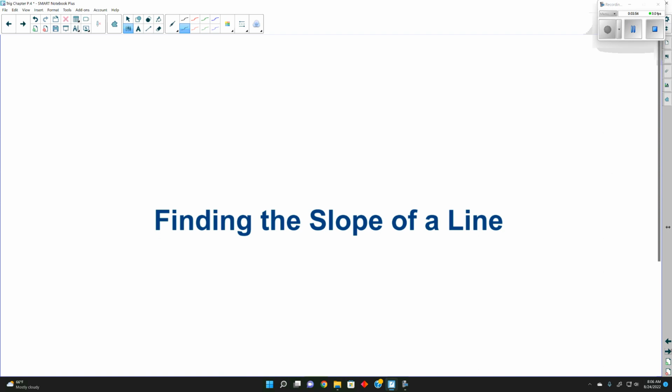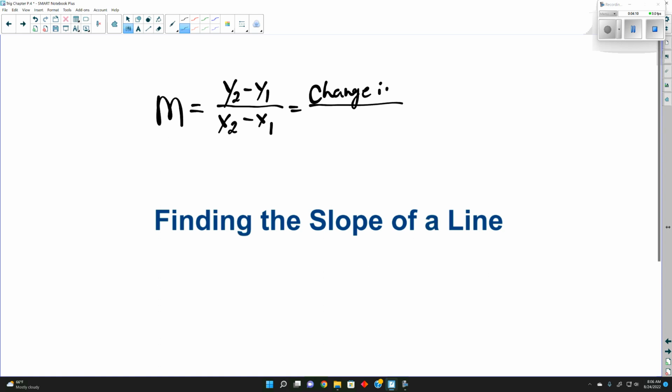Finding the slope of a line. Well, m is our slope, which is y2 minus y1 over x2 minus x1. We're talking about the change in y over the change in x, or delta y over delta x, because the delta, that triangle, just means change.